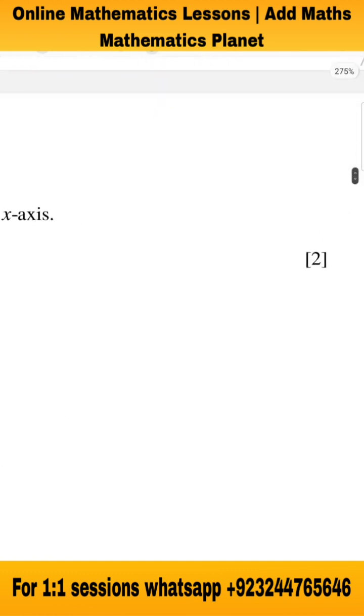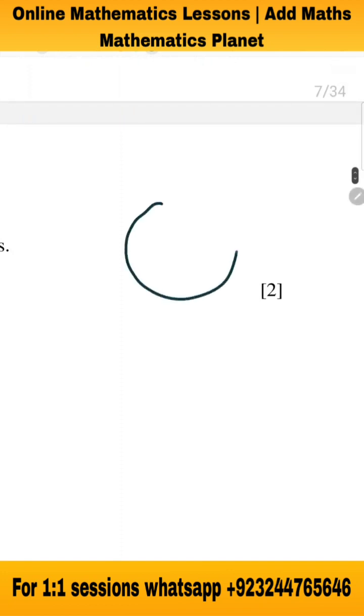So let's make the diagram over here. We have a circle with a center C, that is 4, minus 2. Point P lies on the circle. P is 1, 2. Point Q also lies on the circle in such a way that Q and P are parallel to the x-axis.